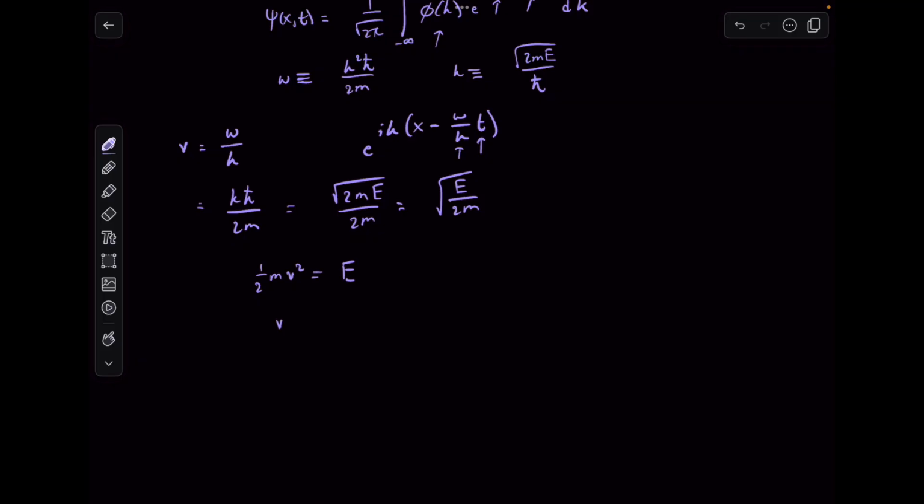And if you just solve for the speed here, what we should get is actually 2 times the amount that we find up here. So evidently v quantum, which is the quantum speed we calculated, is 1/2 v classical, which is a bit of a contradiction.